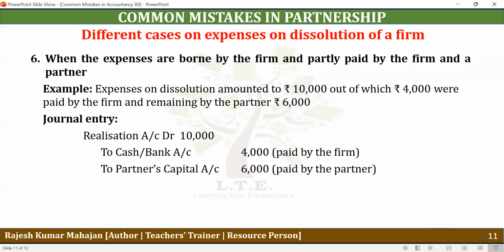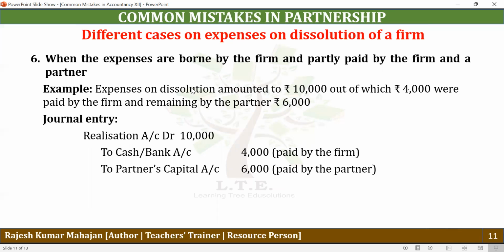Expenses on dissolution amounted to ₹10,000, out of which ₹4,000 were paid by the firm and the remaining by the partner. So here the expenses are ₹10,000, and out of this 4,000 is being paid by the firm, so the firm is paying and cash or bank account will be credited, and the remaining expenses are being paid by the partner, so the partner's capital account will be credited.